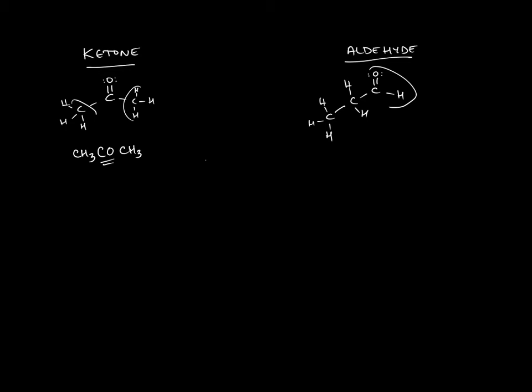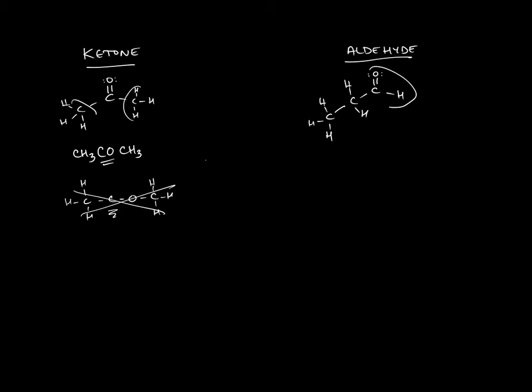If you couldn't see the actual structure there, and we're given CH3, CO, CH3, and you tried to draw it out with the CO in a row, you'd see that there's just not enough bonds to that carbon, and that's why this doesn't work. So there is no other way to do it than a C double bond O in the center there.